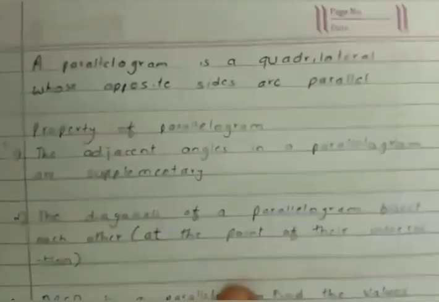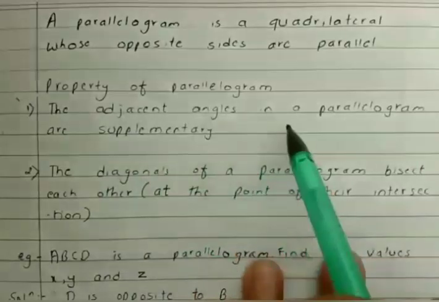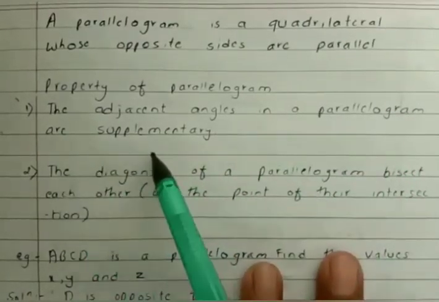A parallelogram is a quadrilateral whose adjacent angles are supplementary.